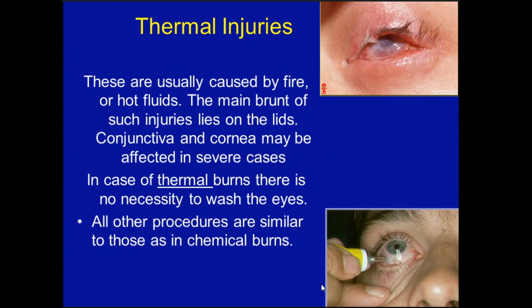All other procedures are the same as in chemical burns. So we should prescribe analgesic, local and systemic antibiotic, tetanus prophylaxis, and of course we should send the patient to an ophthalmological department.